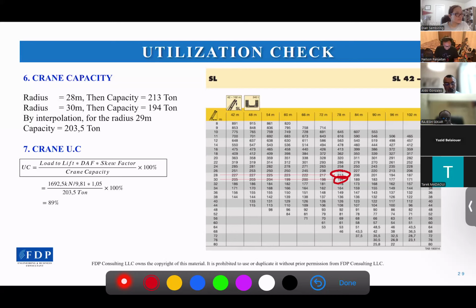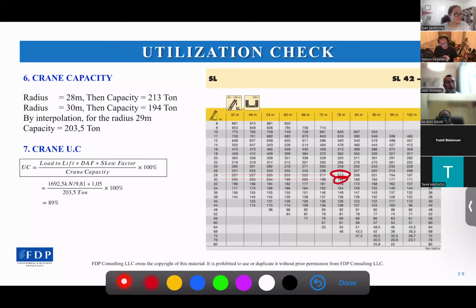And then we get the UC is about 89% of the capacity. So it depends on your regulation if it's a go or no go to lift with 89% UC. For me, it's a no go for the lifting operation.